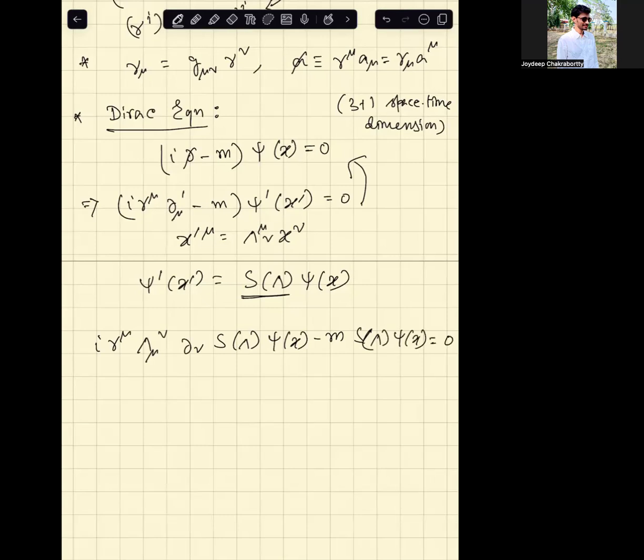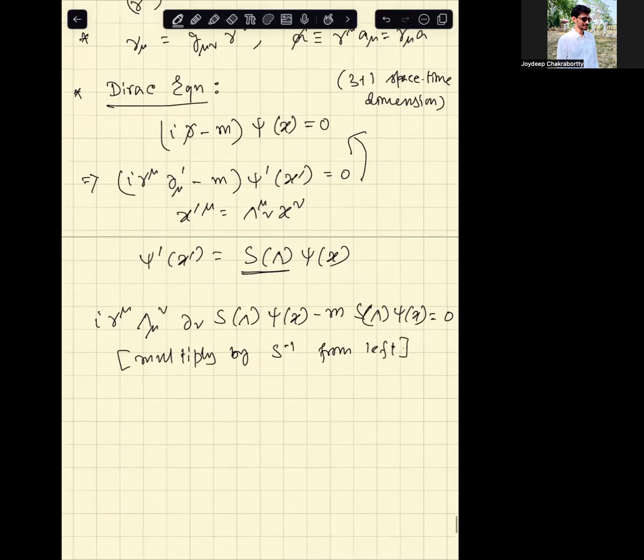And then we multiply by S inverse from the left, and remember this direction is important because they don't commute.